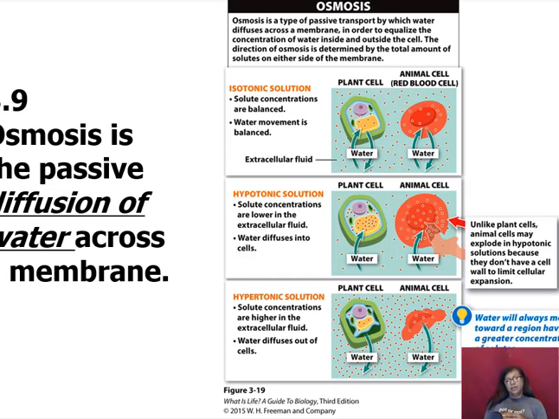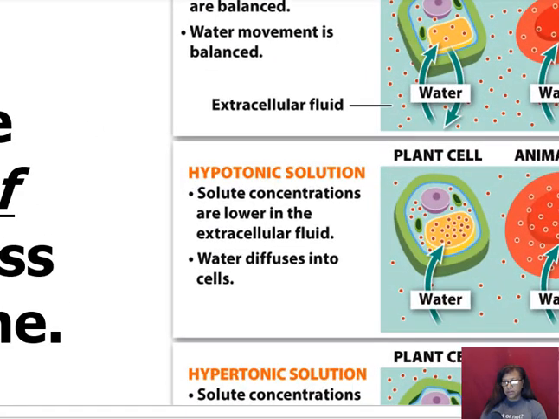When I talk about diffusion, we're talking about the movement of particles, but when I talk about osmosis, I'm talking about the movement of water. So osmosis is the passive diffusion or movement of water across a membrane, right? There are some terms that you need to know, and I'm going to zoom in so you can see the slide in a closer view to get an understanding.